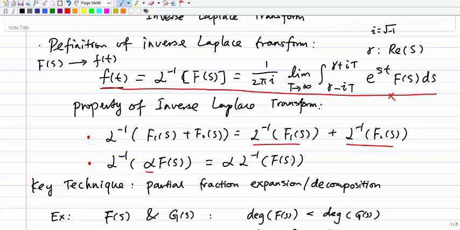Since I mentioned before that we don't use the definition to compute the inverse Laplace transform, what is the main approach we use? The key technique, which I'll talk about in this lecture and the next lecture, is called partial fraction expansion or partial fraction decomposition.